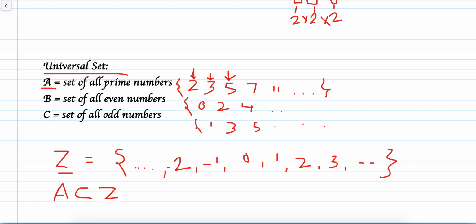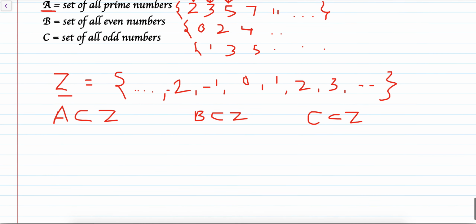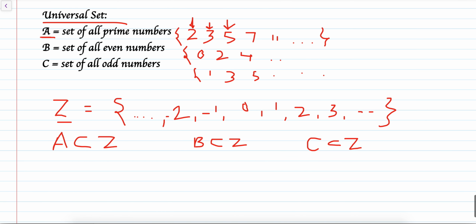Similarly, B is a set of even numbers 0, 2, 4, 6, 8. This is also contained inside Z, so we will write B is a subset of Z. Then we look at C. C is 1, 3, 5, 7 and so on. This is also contained inside Z, so we will write C is a subset of Z. So we see that Z includes all the elements present in all the sets.